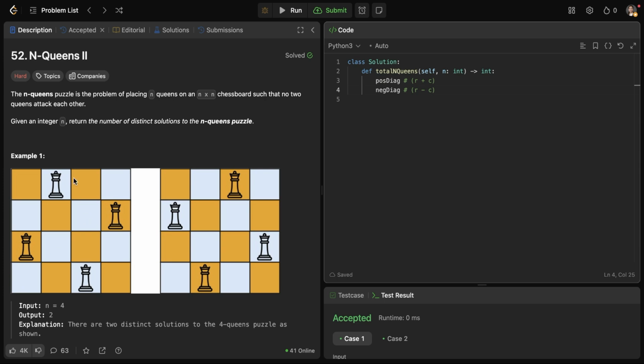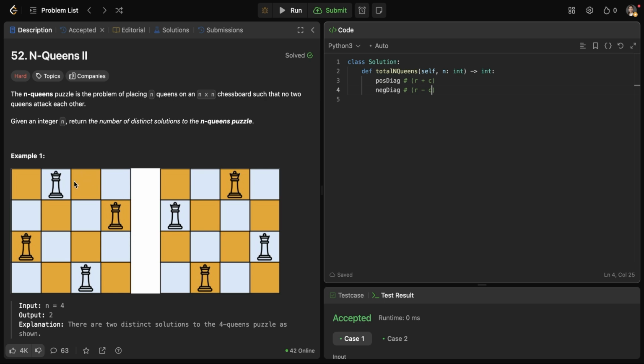Now for negative diagonal, you are always increasing one column when moving here and then one row increase. So your r minus c will always remain the same. For example, here your row is 0 and your column is 3. So 0 minus 3, minus 3. Now there is no negative diagonal corresponding to this.